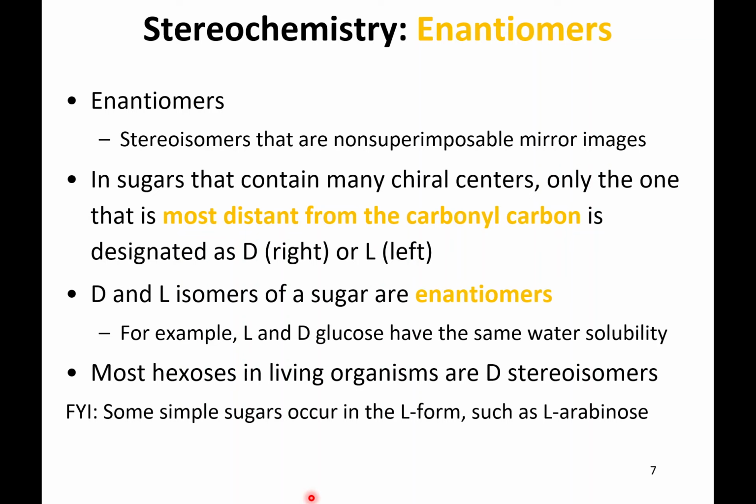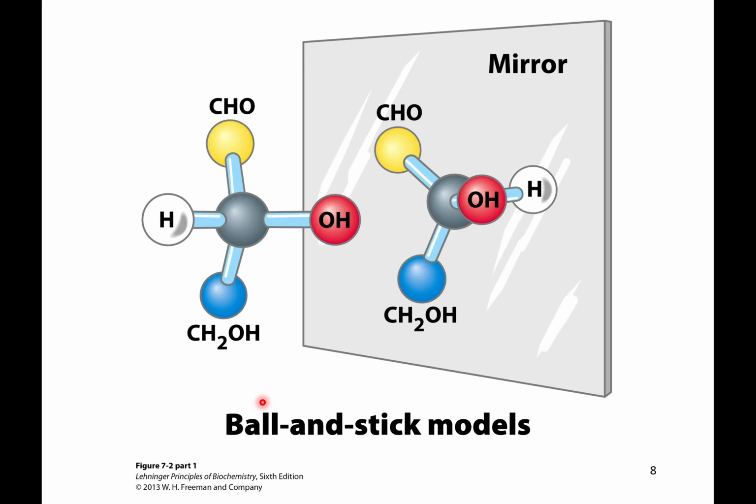Remember, most amino acids in our bodies are the L enantiomer. And just casting our mind back to organic chemistry, if we use a ball and stick model now to depict glyceraldehyde, if you have a mirror image of one form, so this would be the D form.